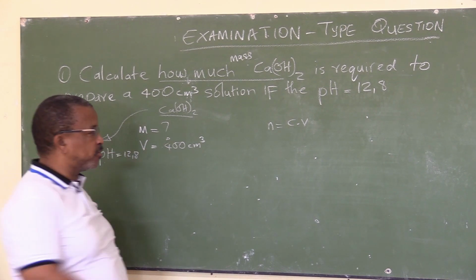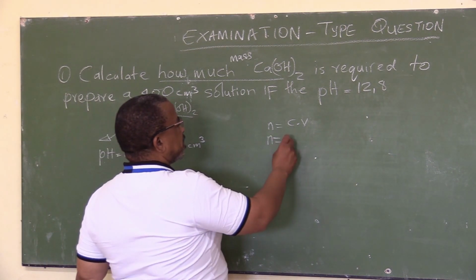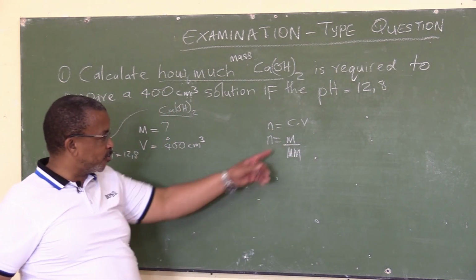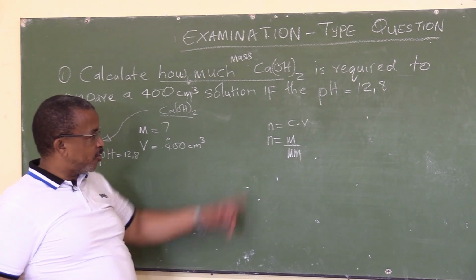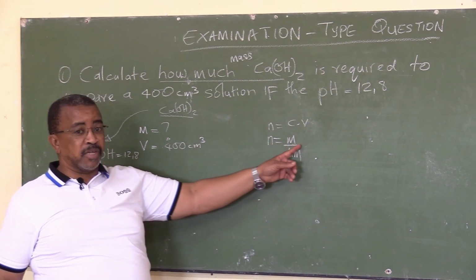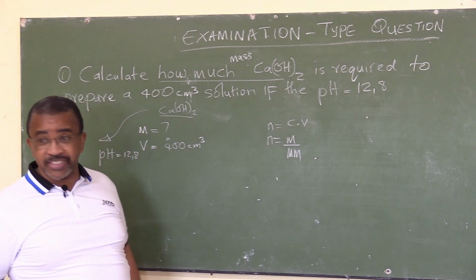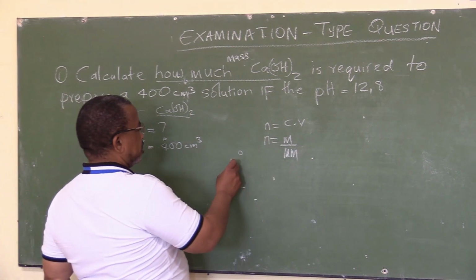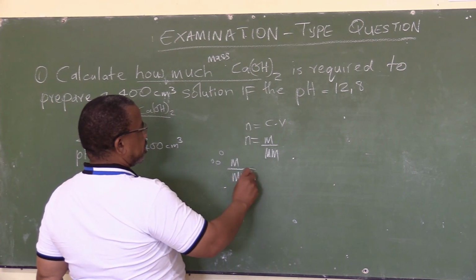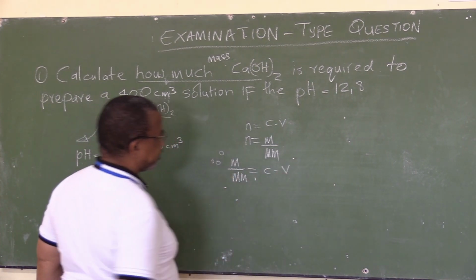Here we have the number of moles. The number of moles is also mass over molar mass. Therefore mass over molar mass is equal to CV. Right.